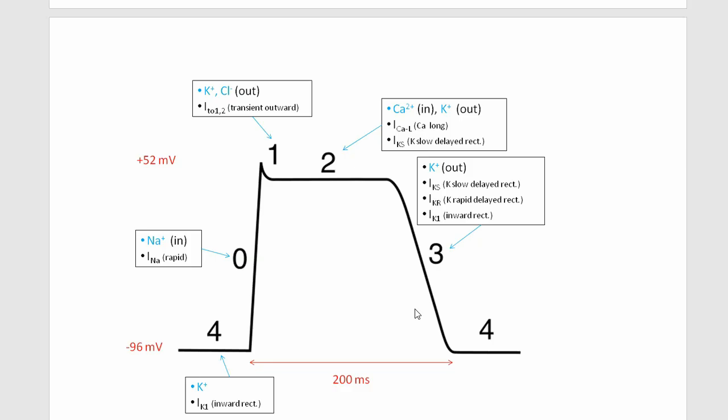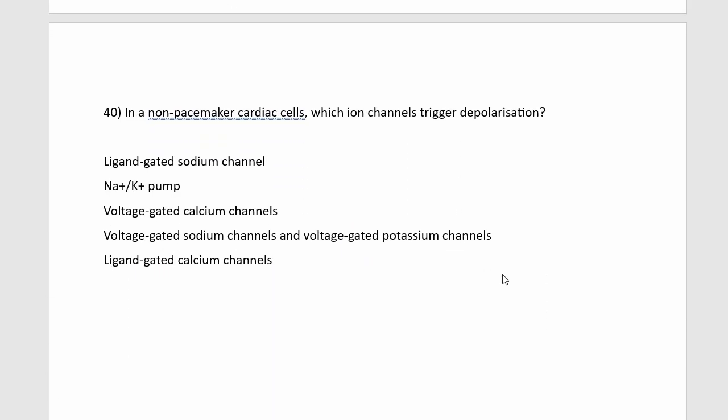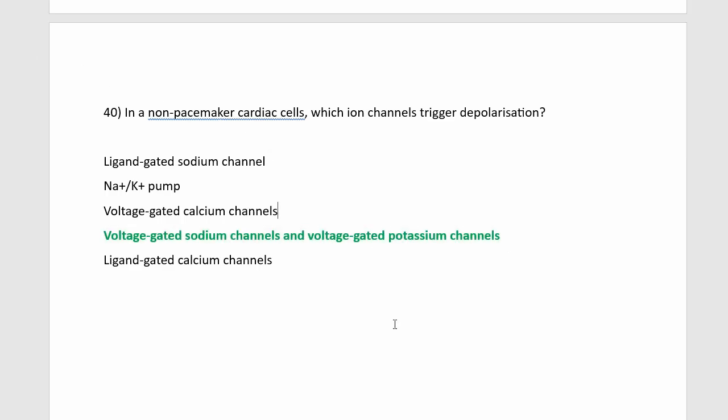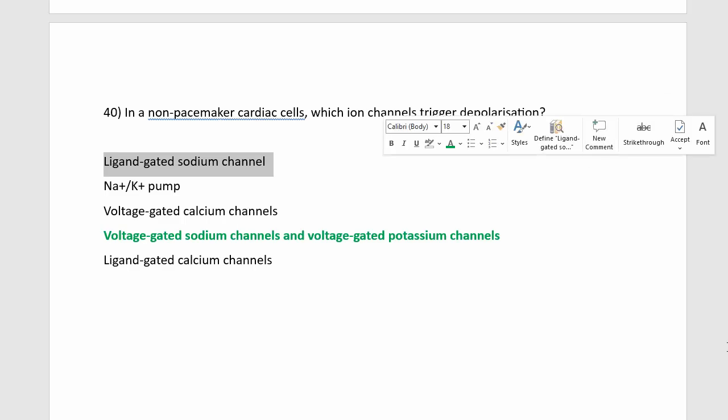So with all of that said, the only answer that would make any sense here is voltage-gated sodium channels and voltage-gated potassium channels. So why isn't it ligand-gated ion channels? Ligand-gated ion channels are only open when they are bound by a neurotransmitter to change the resting potential of a neuron and trigger an action potential.